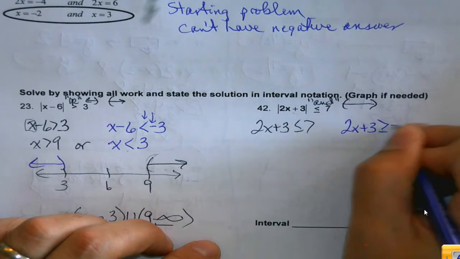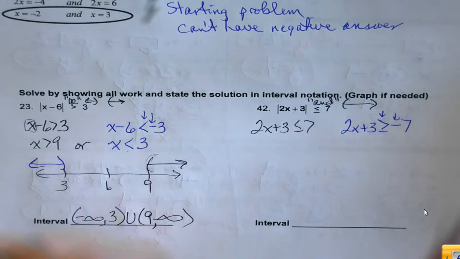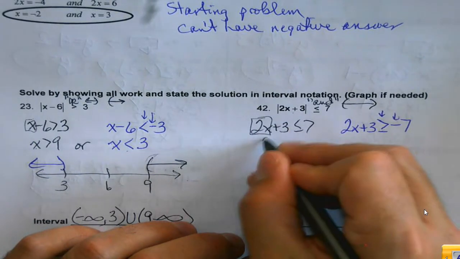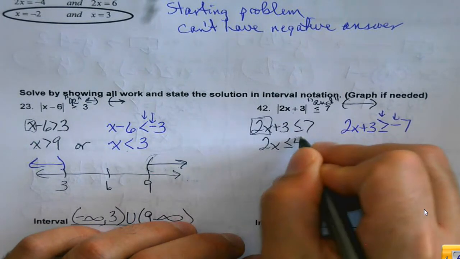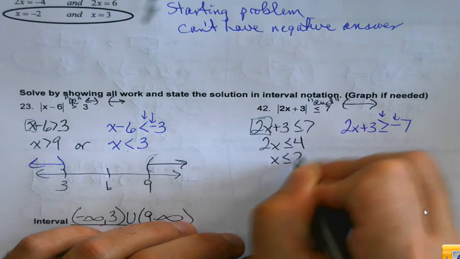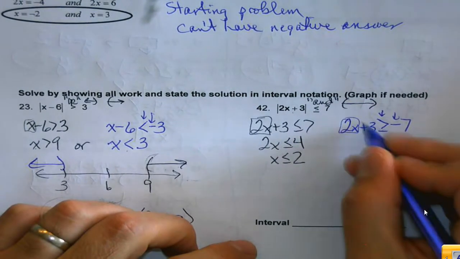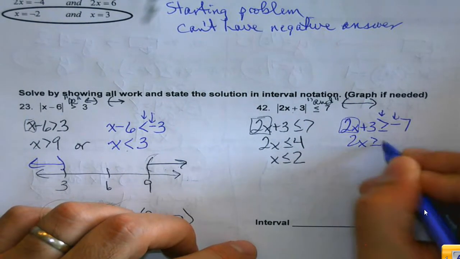Switch my arrow, switch my sign. Minus my 3 over. Divide by 2. Here, minus my 3 over.